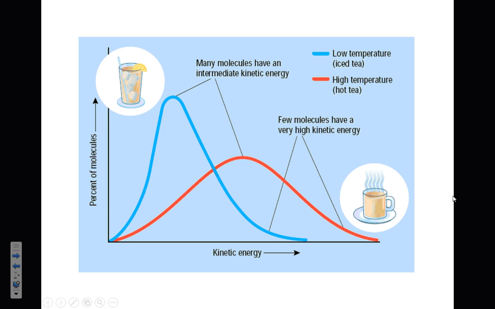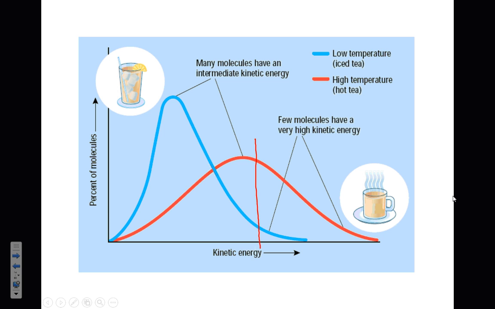Now, one of the diagrams we looked at before was this diagram dealing with the average kinetic energy, or I should say the kinetic energies of a certain percentage of molecules. So if you look, the high point of the hill is right in here. So for the red one, our average kinetic energy is over here.